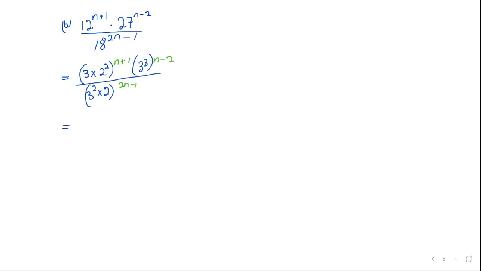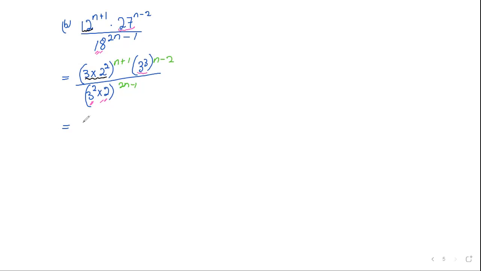I've just written 12 in terms of 3 times 4. And I've written 27 in terms of 3 cubed. And I've written 18 here in terms of 9 times 2, which is 18. Now, applying the power law, we multiply here.